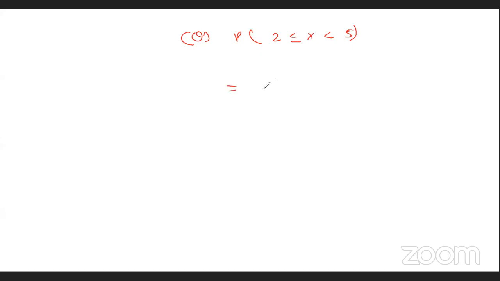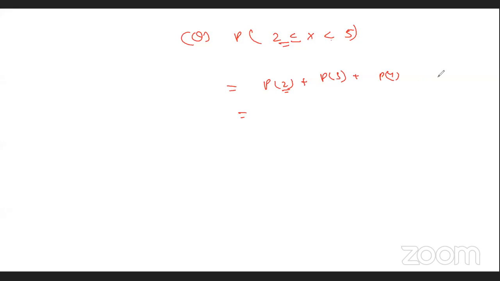So the probability of selling 2, the probability of selling 3, and the probability of selling 4 will come into the picture to solve this problem. More than or equal to 2, because the equal to symbol is there, that's the reason I'm taking 2. There is no equal to symbol for 5, that's the reason I'm not taking the upper bound.